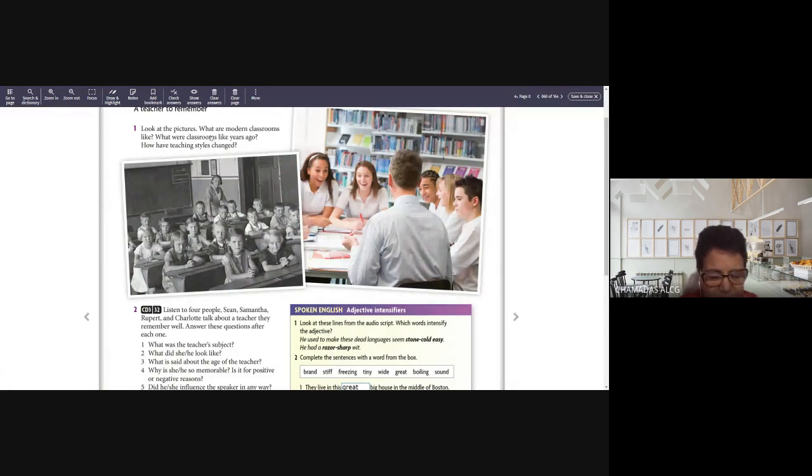And here in number one, we have the following instruction. What are modern classrooms like nowadays? What are the characteristics of modern classrooms?